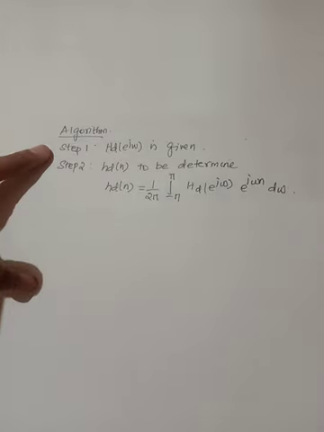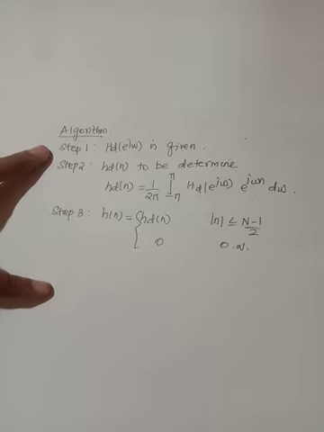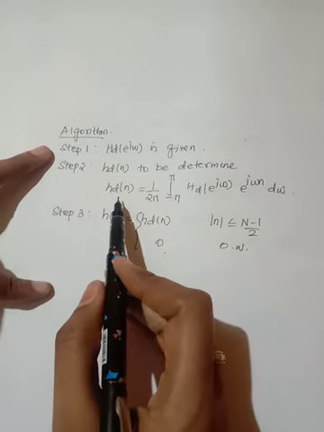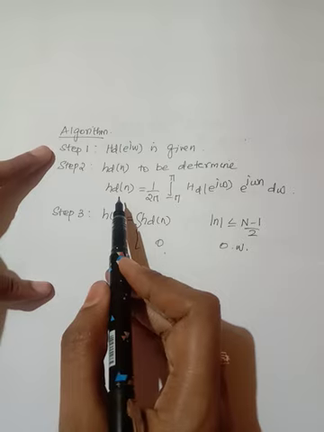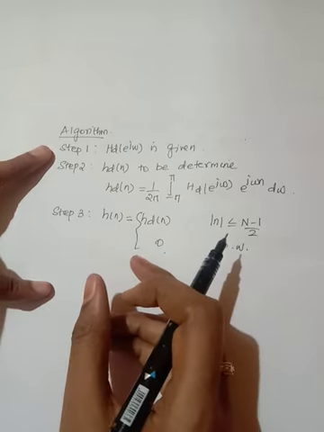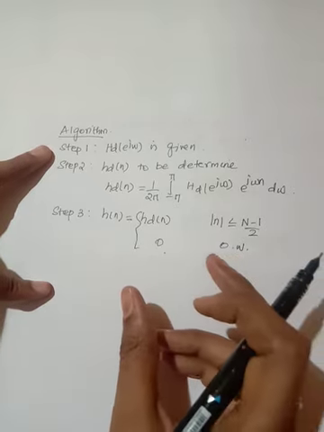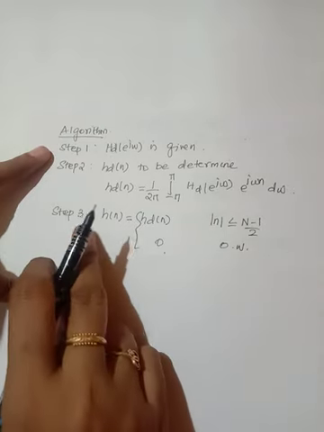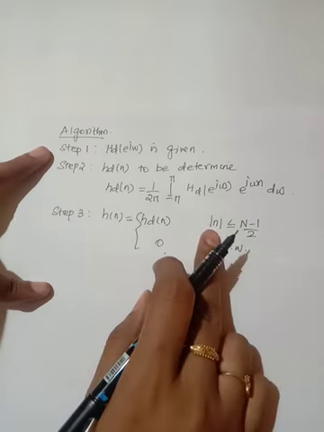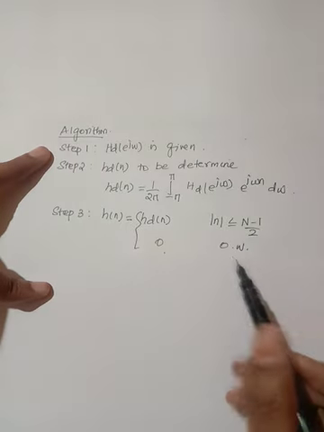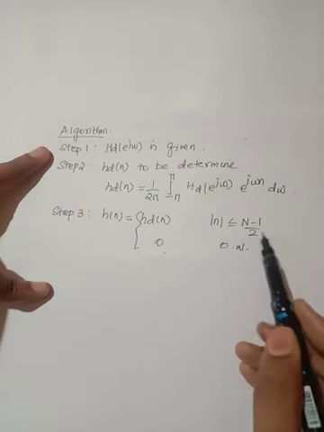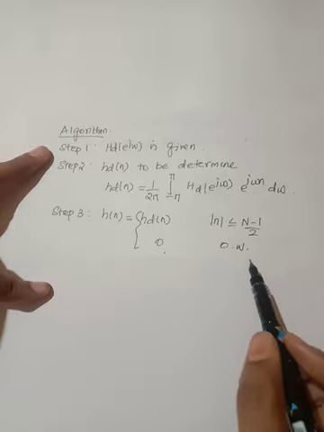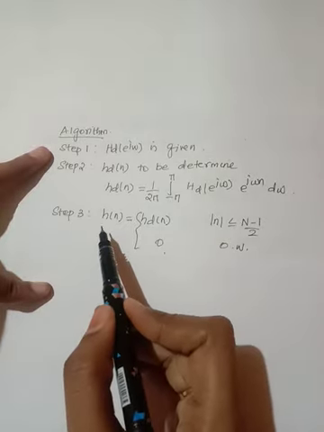The next step: this hd of n is of infinite duration, so we need to truncate this series, because the response should be finite. So I am going to truncate this response to mod n less than or equal to n minus 1 by 2, and 0 otherwise. So I have found this h of n.